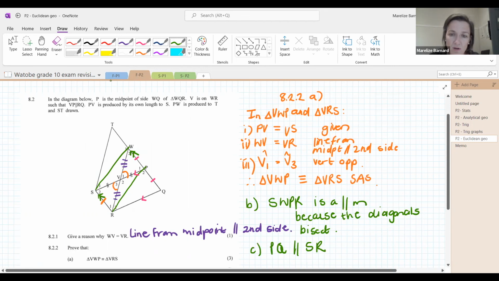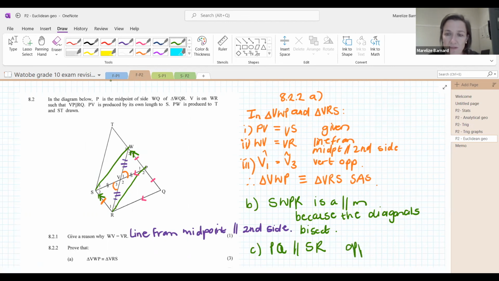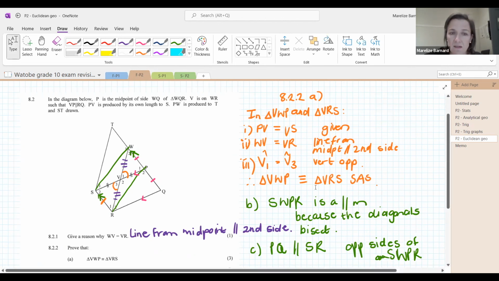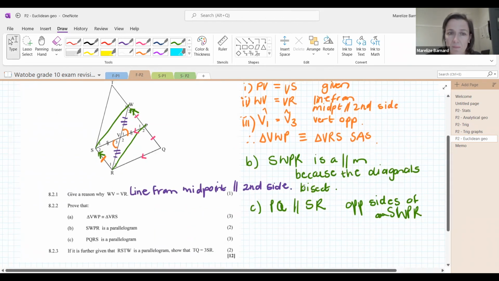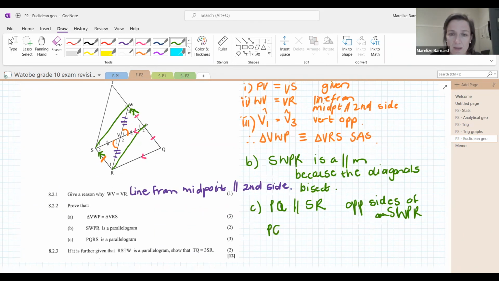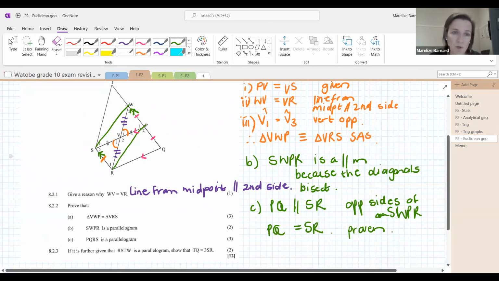So we can say that PQ is parallel to SR, and that is because of opposite sides of SWPR, and PQ is equal to SR. That's just proven from our previous work with congruency and all of that.